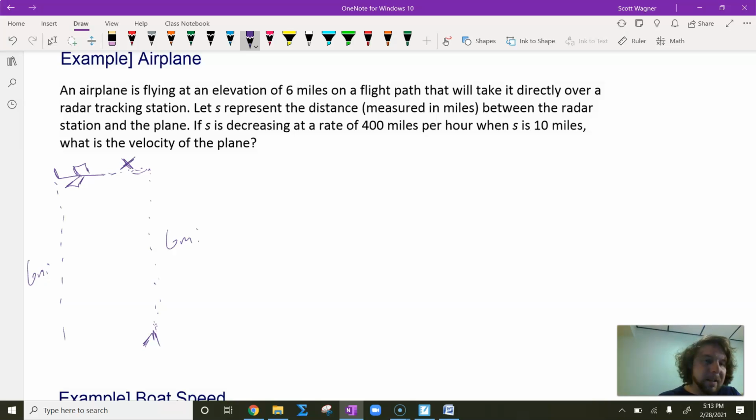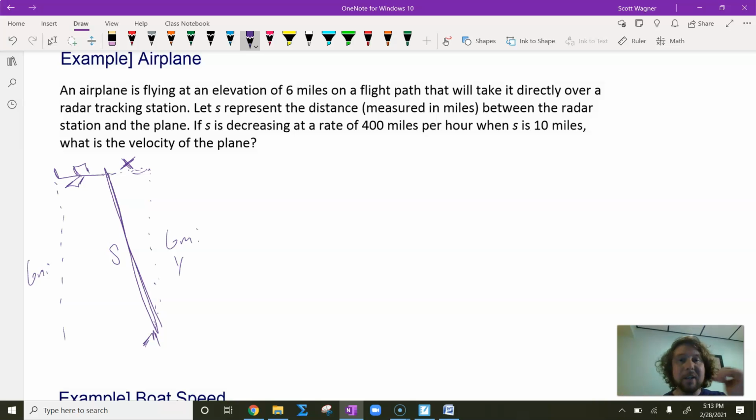And then the other thing is this distance that the plane truly is from the radar station. We're going to call that s. My s's tend to look like 5, so I try to make that look a little bit more like an s right there. Now the other thing that I could do is I could say the height. I'm going to call that maybe y right there. Okay. So I've got my setup right there to help me out.